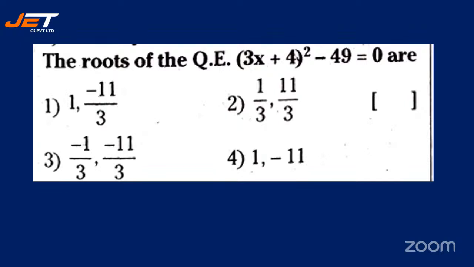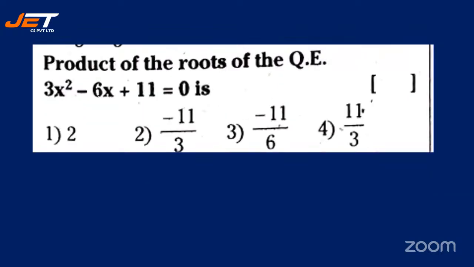So with that, you can find the value of x, right? Or you can also do it like this, a square minus b square, a plus b, a minus b. That also you can solve this question. Very simple, in fact. So your answer will be 1, comma, minus 11 by 3. That would be the value of x. Option 1. So those who have given me option 1, it is perfect.